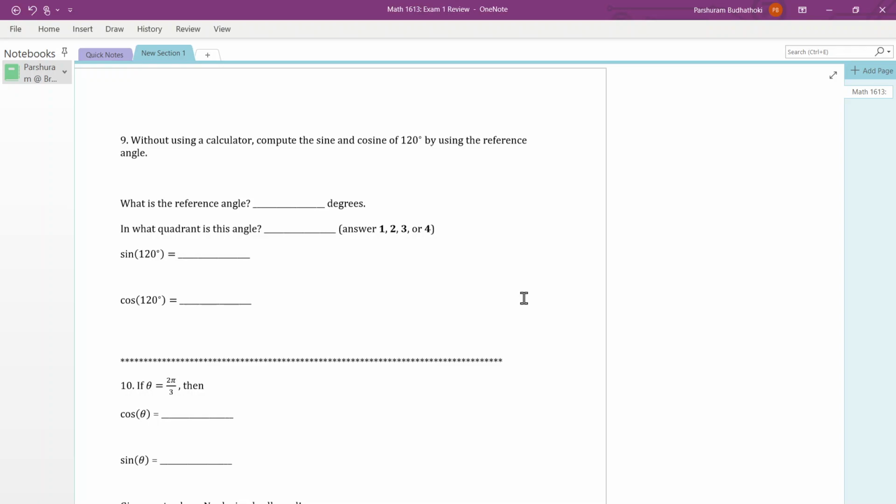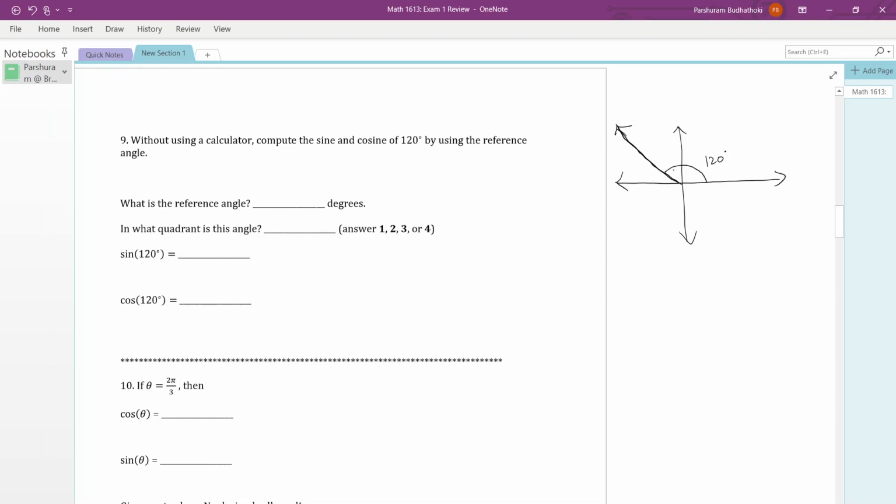If you draw that 120 degrees, let me just draw it here. So this is our coordinate system. This is 90, so 120 degrees would be somewhere here. This is 120 degrees. The reference angle for this line means the angle made by this line with the x-axis.